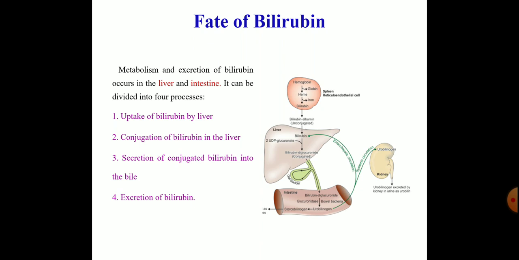The first is uptake of bilirubin by the liver, and the second is conjugation of bilirubin in the liver with glucuronic acid produced by the hepatocytes. Once conjugated, the bilirubin is secreted into the bile. Then this conjugated bilirubin from the bile enters the intestine and is excreted as urobilinogen.